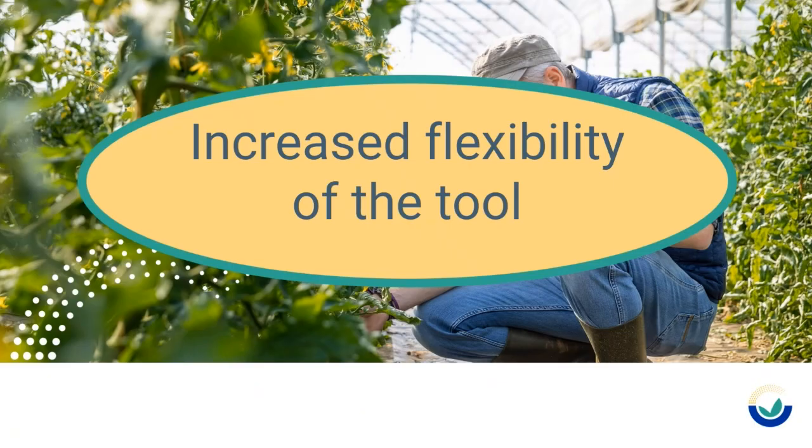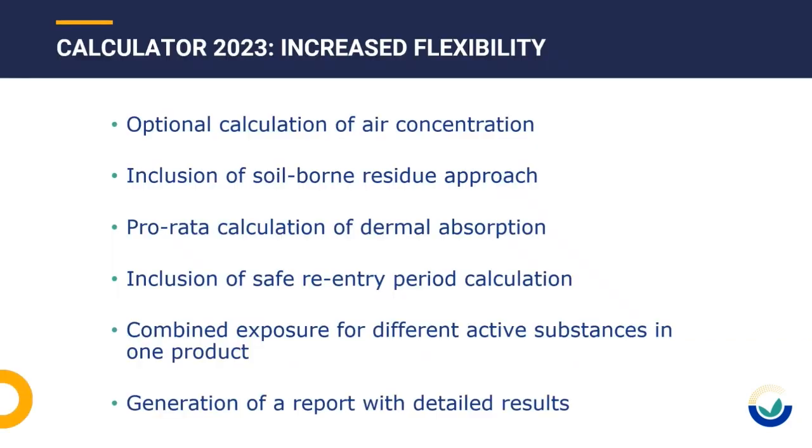The second part of the update of the calculator has the aim to increase the flexibility of the tool in order to address more specifically the needs of the users. Actually, this increased flexibility was already an improvement in the first online tool when compared to the original Excel calculator.